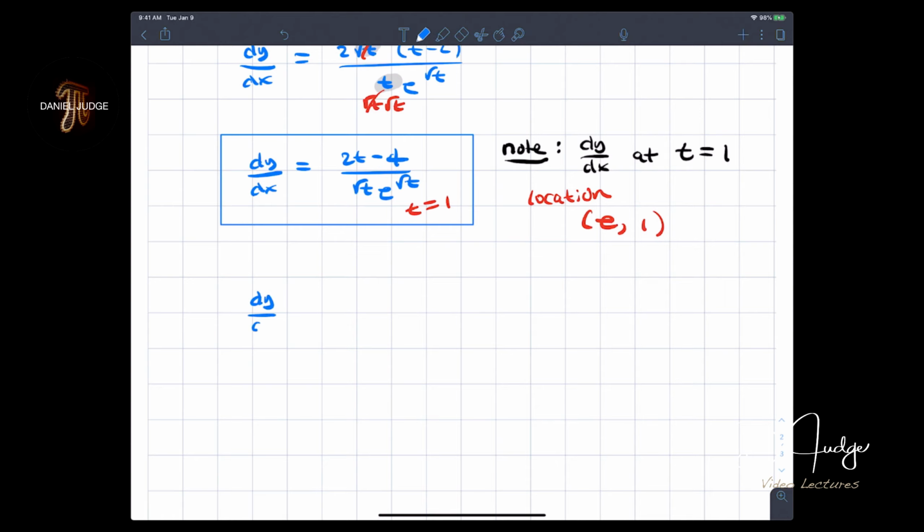So my derivative becomes 2 times 1 minus 4 over square root of 1 e to the square root of 1. Or we can say the derivative here is going to be negative 2 over simply just e.